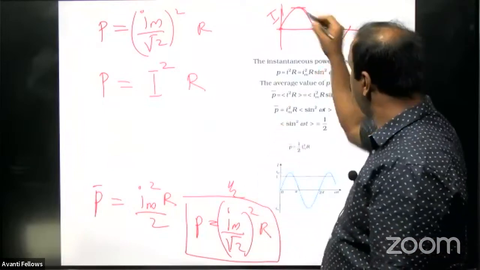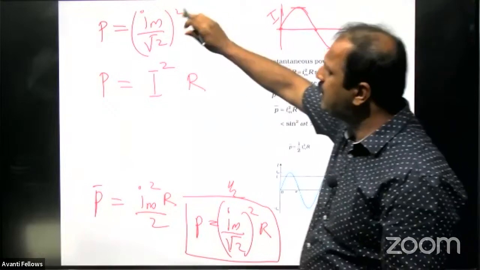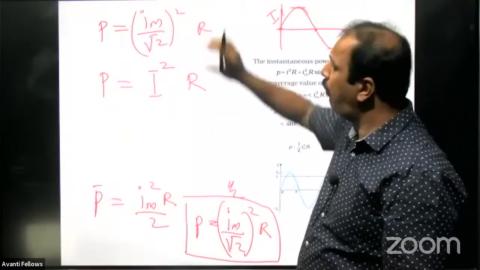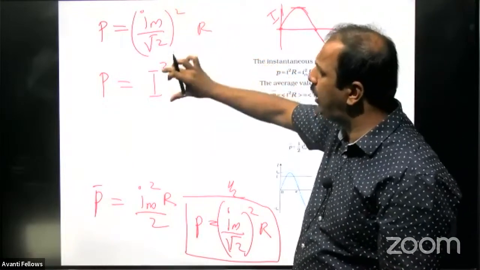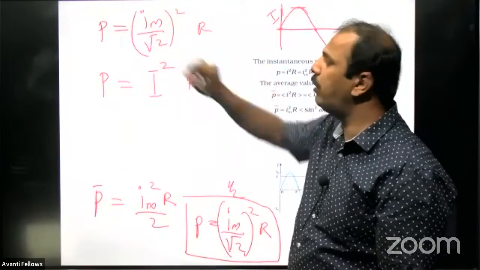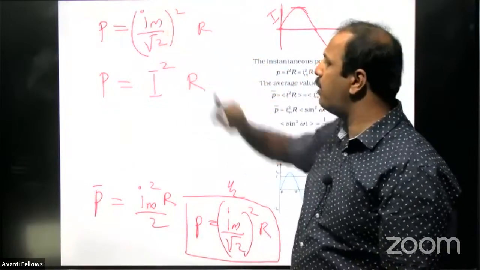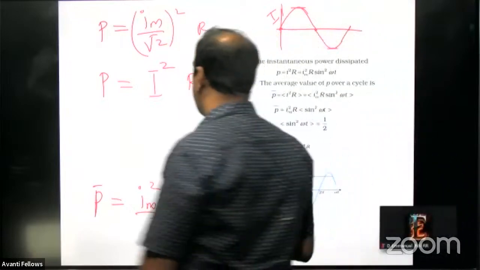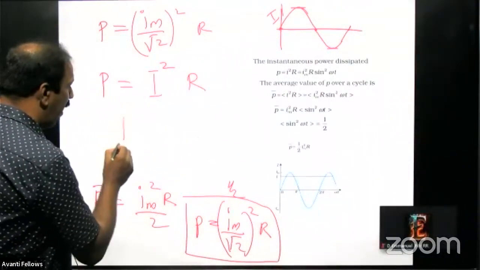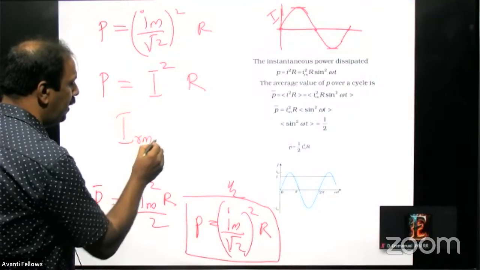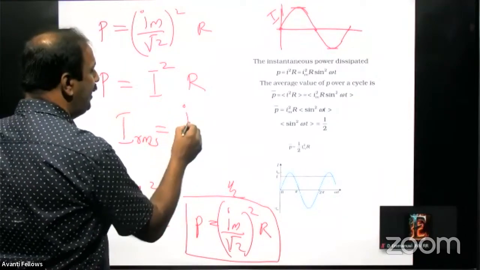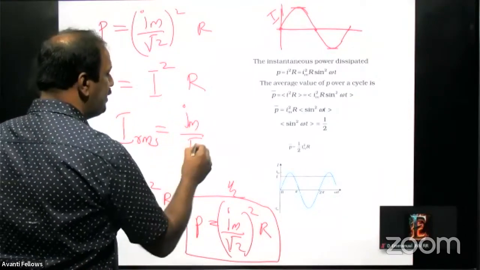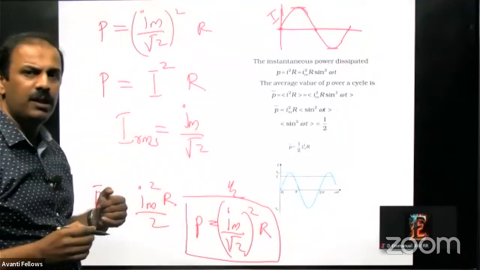So in this case, if you compare this AC and DC, the effective value of AC when you are comparing with the DC is Im by root 2. So this is called the RMS value. Okay. So this IRMS is equal to Im by root 2. So what does this IRMS mean?